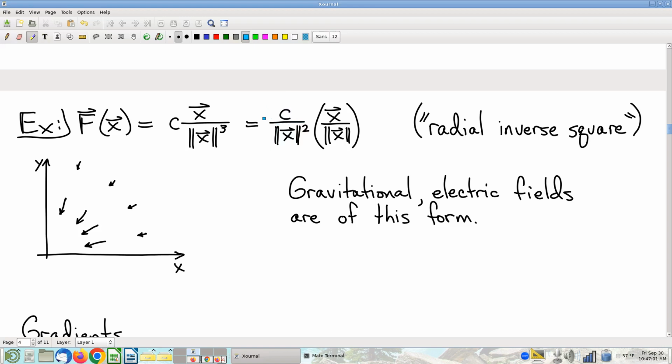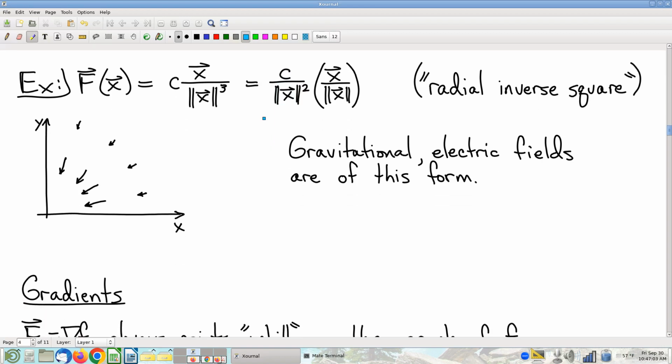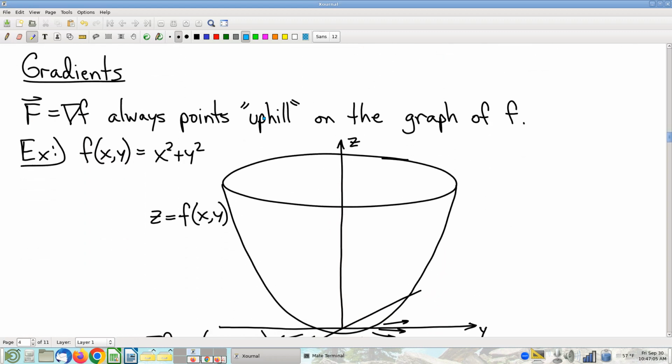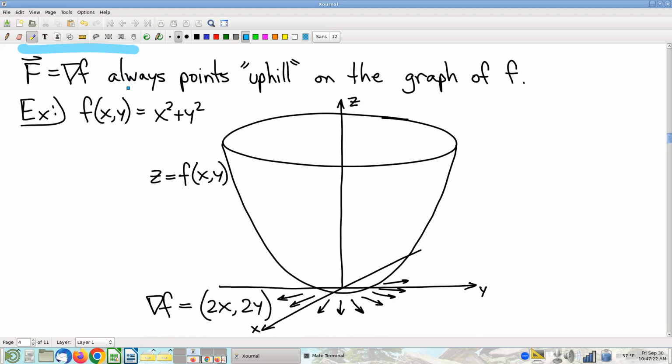Okay, so here is an example of a vector field that you have seen in this class, but we never really talked about it as such, and that is gradient vectors. And the first thing you might think is, well, yeah, but the gradient's just a vector. Well, at a given point, yes.